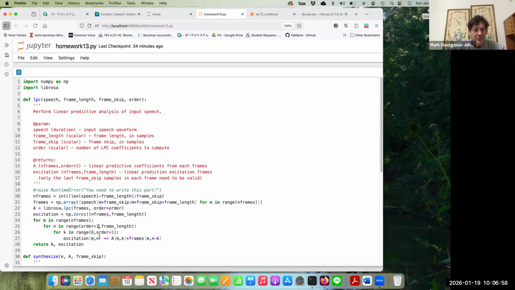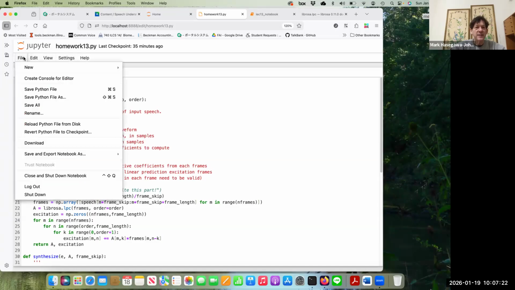It shouldn't matter. Right, so for n in the sound, n ranging from 11 up to, actually, let's see. If n starts as order, and if this goes up to order, then we start out with sample, we go up to sample order minus order is 0. That should work out. For k in range 0 to order plus 1, excitation mn is that sum.